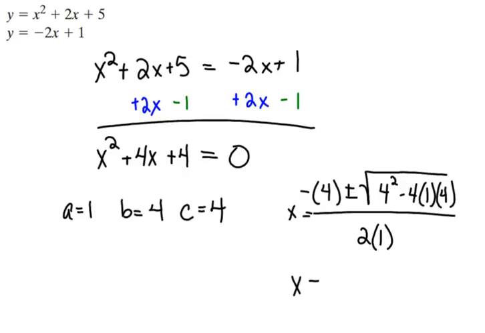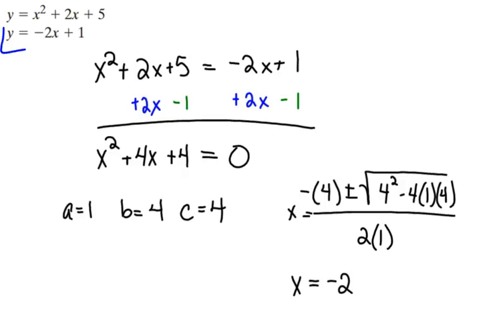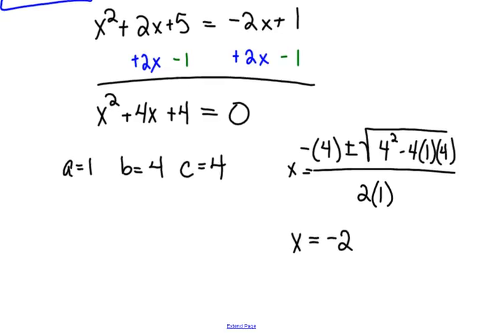So x is going to come out to be negative 2. Now, I can plug this back into my equations. And of course, I'm going to do what I've done in the past. I'm going to use the linear equation to plug back into. And guys, notice, there's only one value of x. This means I have that situation where my quadratic just touches in one point.